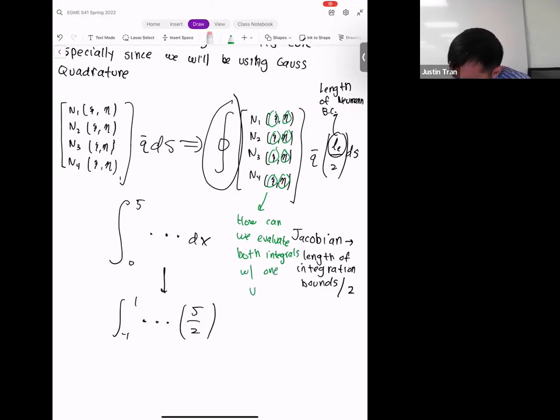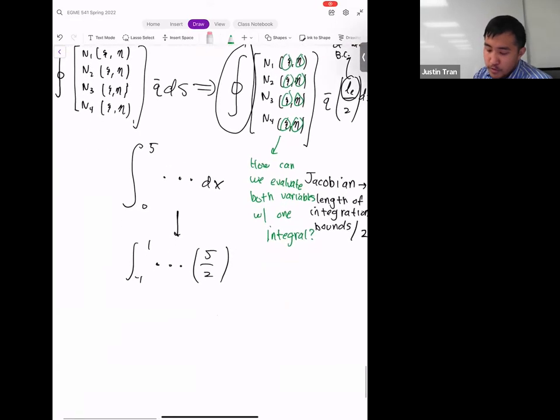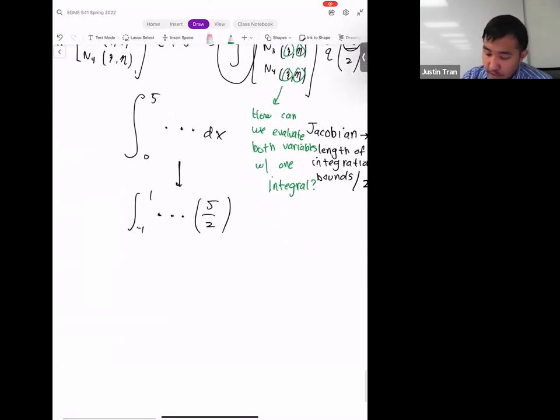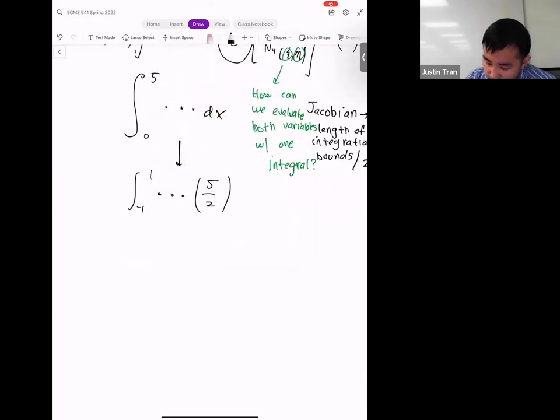Because when you integrate something, that only works on one variable at a time. If we have 2 variables here, how are we going to do that? The answer is based on what our element looks like, so let me go ahead and draw our element again.